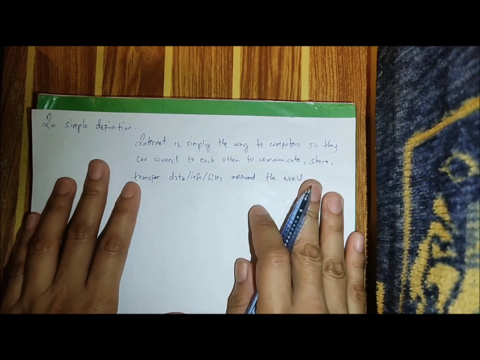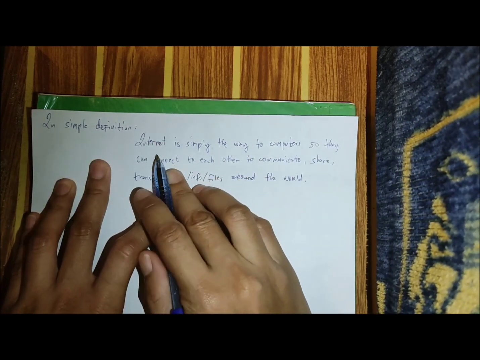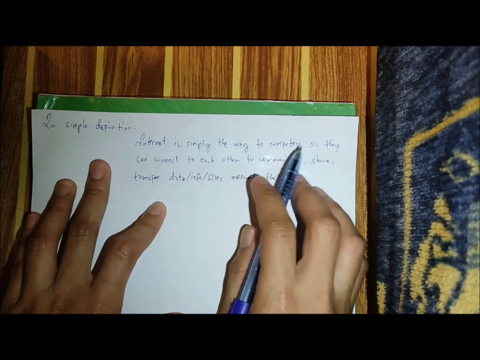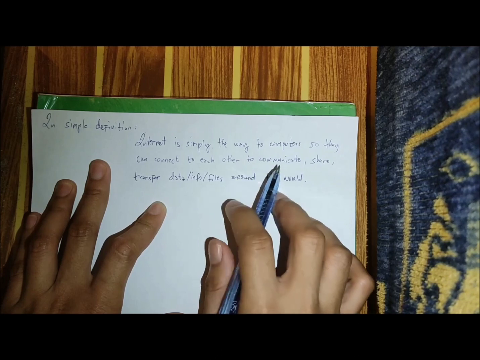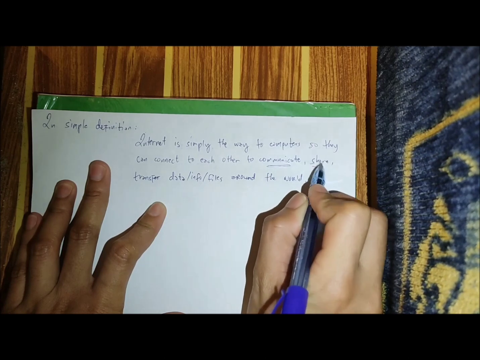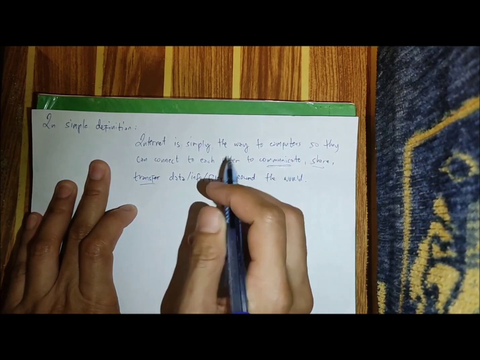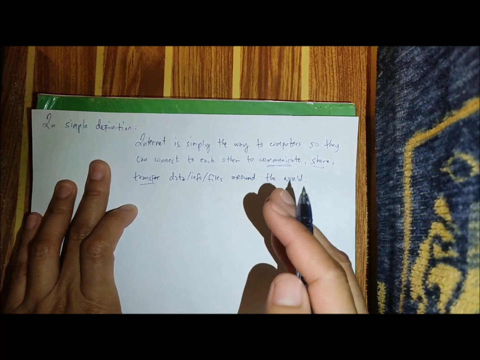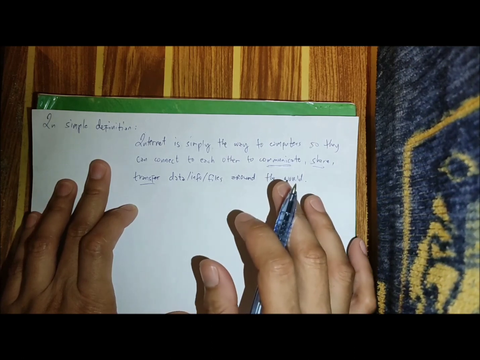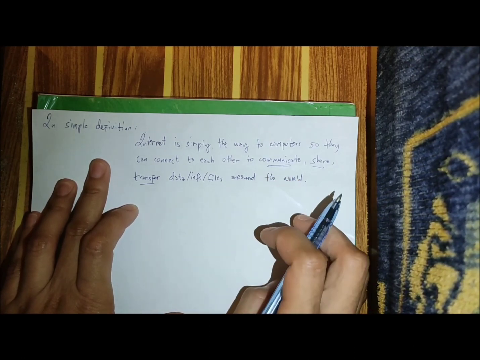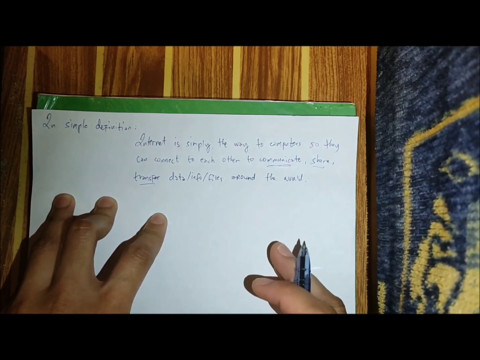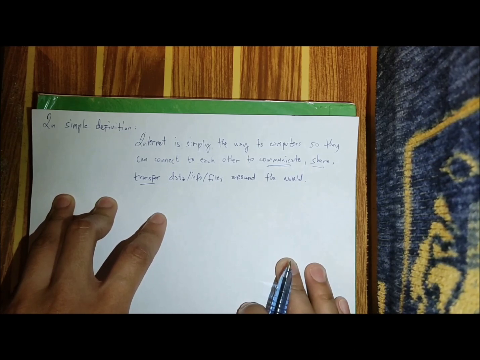So in simple definition, the internet is simply the way for computers to connect to each other to communicate, share, and transfer data, information or files around the world. Anywhere around the world, there is a way that we can communicate and share files, information and ideas.